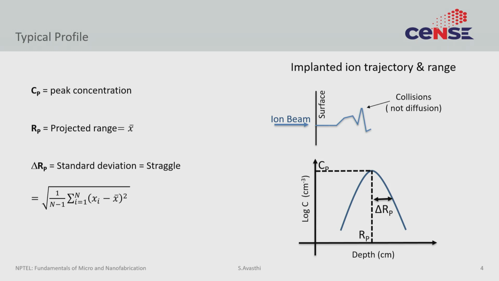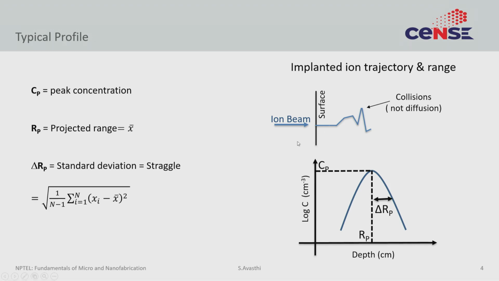The only big difference is that in diffusion you only get half of a Gaussian, while in ion implantation you actually see the full Gaussian. And one way to understand why that is happening is to just look at the figure here. Supposing you are getting an ion beam and you have a surface.